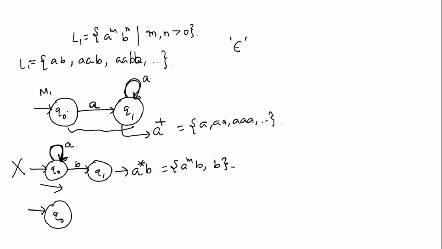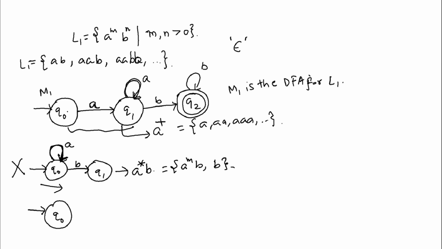Similarly, once you have seen a to the power m, any B that you see, you reach Q2, and this will be the final state. You see as many B as you like, it does not matter. So M1 is the DFA for L1.